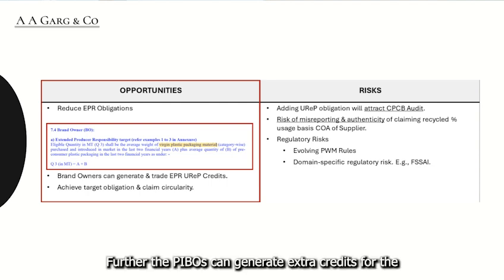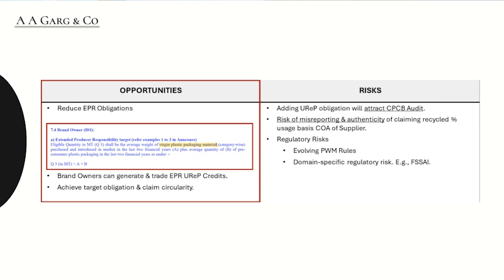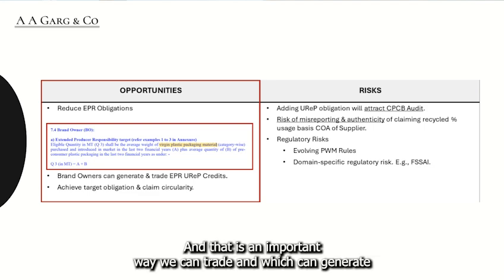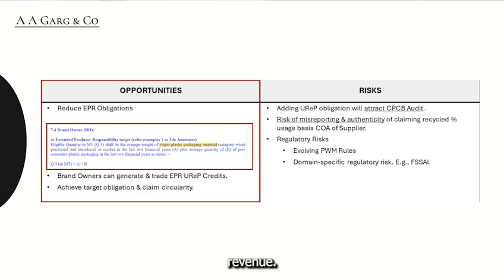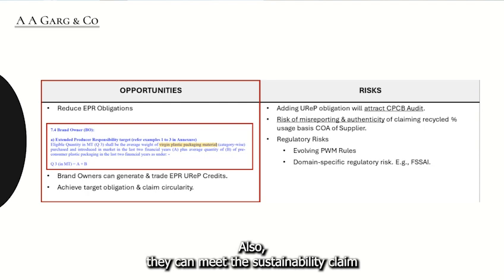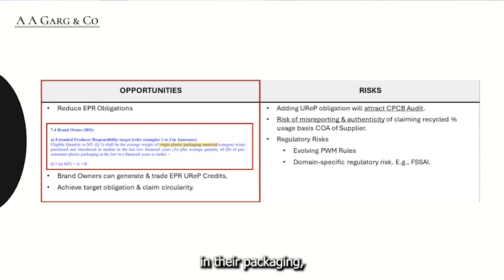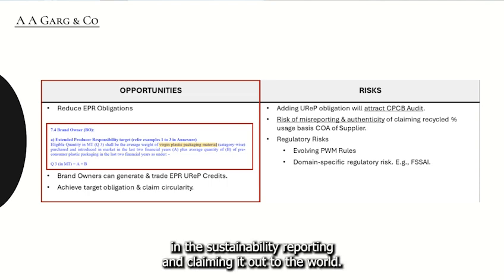Further, the PIBOs can generate extra credits for the recycled content utilized over and above their compliance target, which they can trade and which can generate revenue. Also, they can make a sustainability claim that they are using recycled content in their packaging, which can be utilized in their sustainability reporting and claimed to the world.